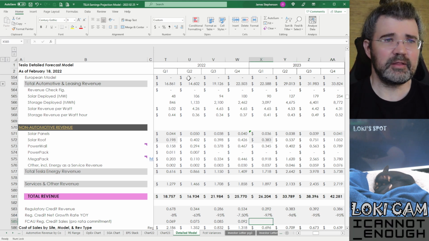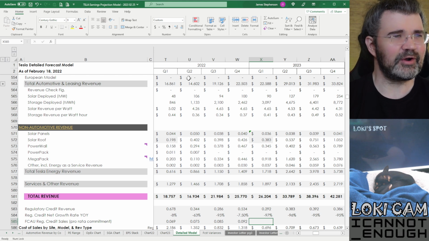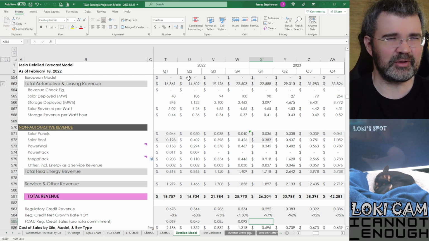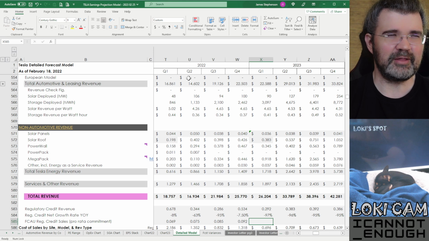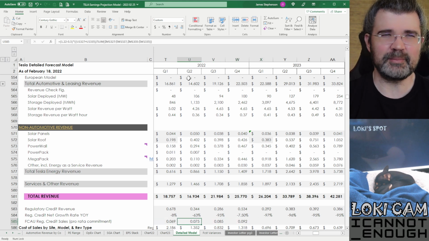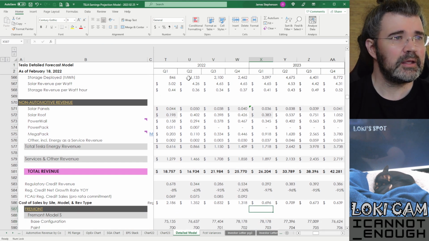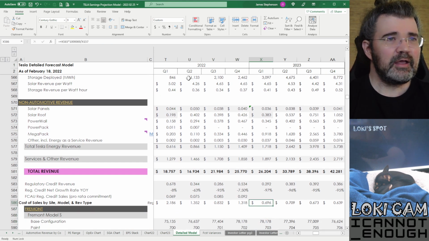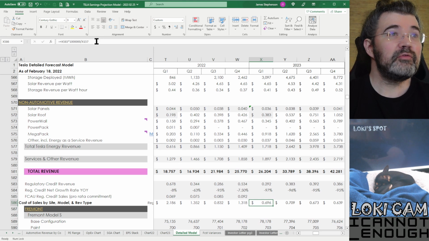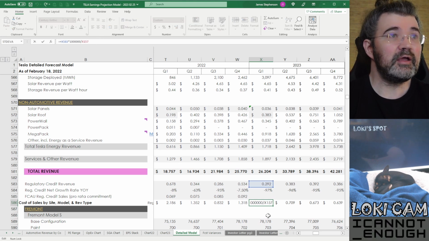Then there was a Fiat Chrysler automotive, aka Stellantis, regulatory credit sale commitment that I had been modeling in here. That's over now as of the end of last year. And that gets you to this dollar amount. What's this doing? It's the regulatory credits times a million divided by X 157.